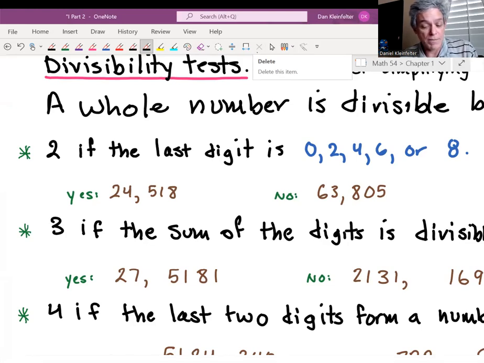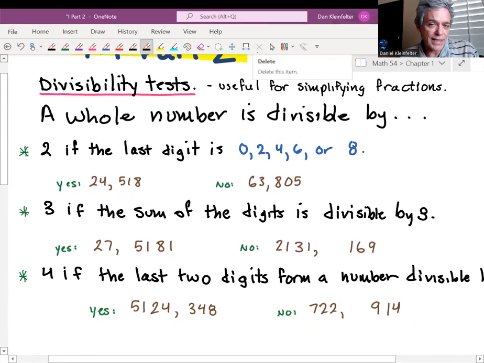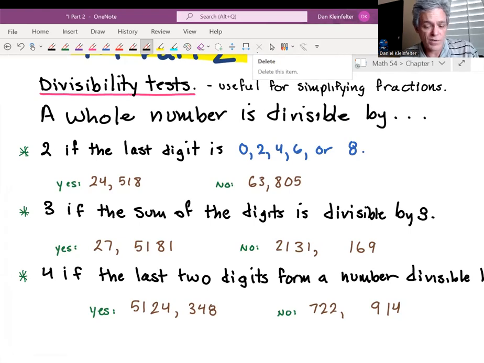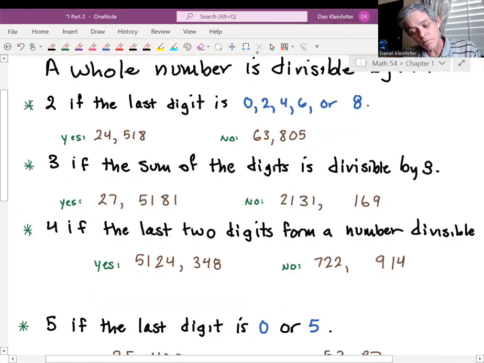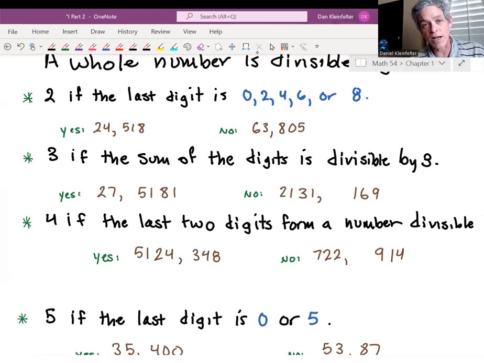And so that makes them divisible by 2. If the last digit is anything else, then it is not divisible by 2. So 63, not divisible by 2. 805, not divisible by 2. Okay, so basically even versus odd: if it's even, it's divisible by 2. It ends in either 0, 2, 4, 6, or 8. And if it's not, it doesn't.